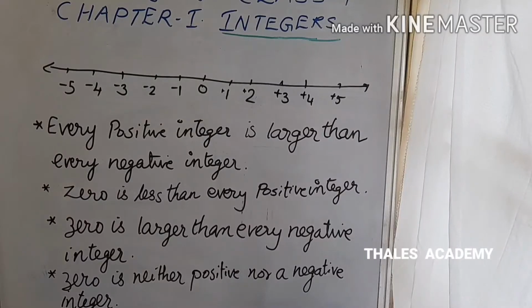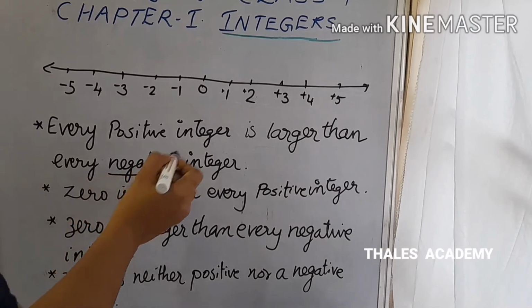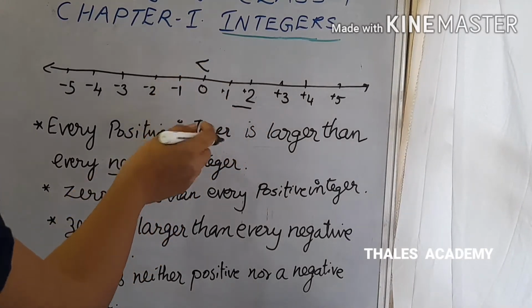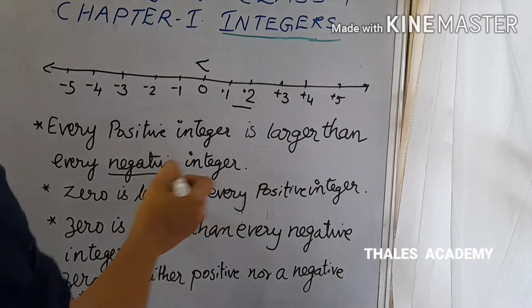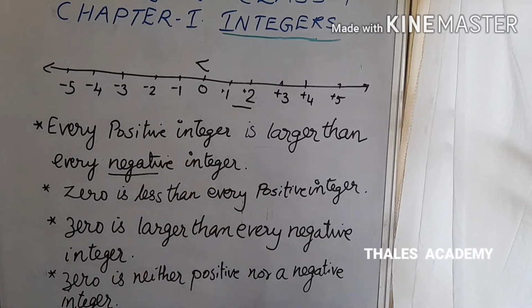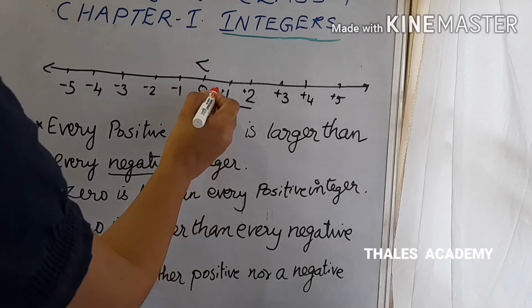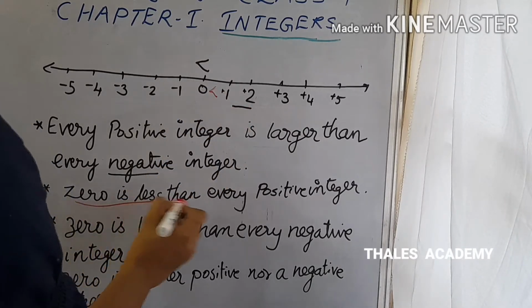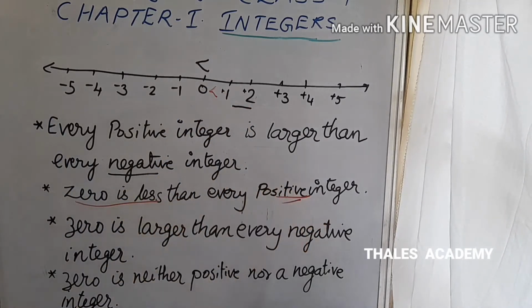Here are some conclusions about integers. Every positive integer is larger than every negative integer. Second, 0 is less than every positive integer.